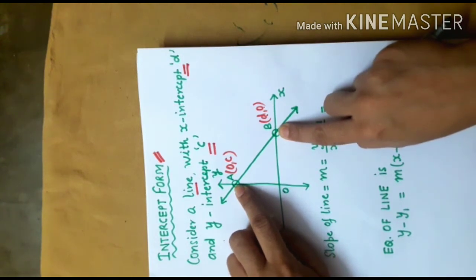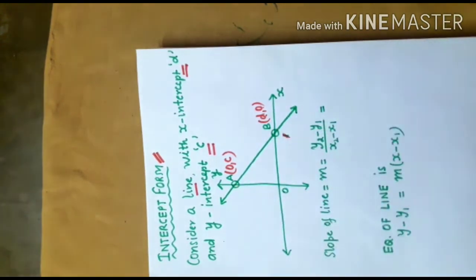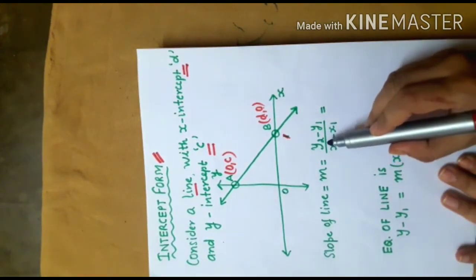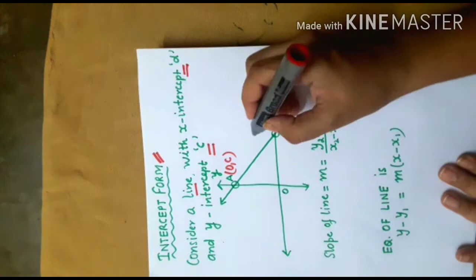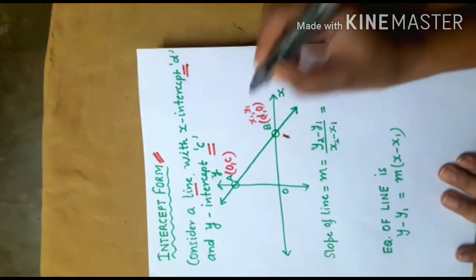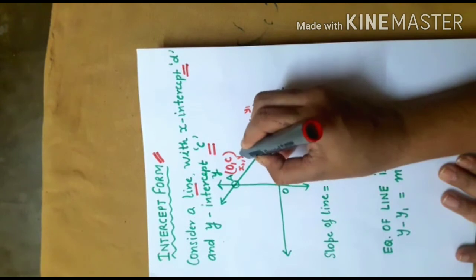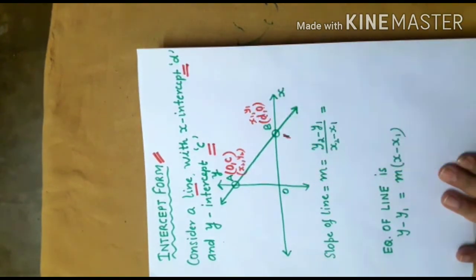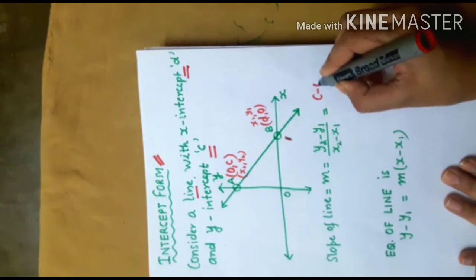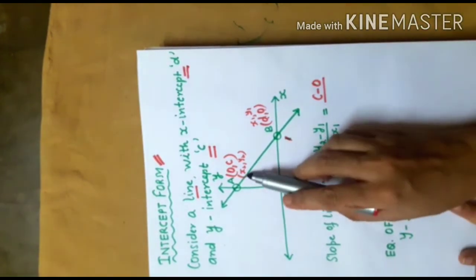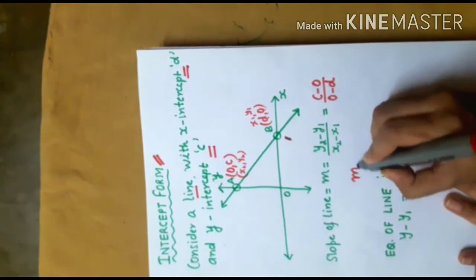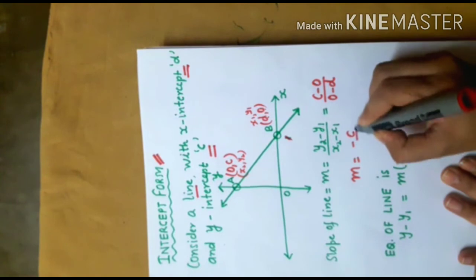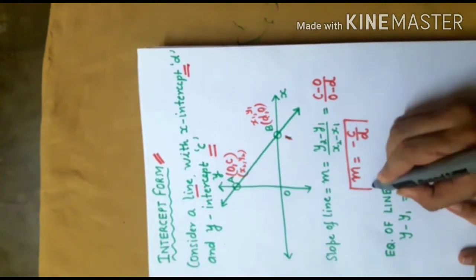Thus we have obtained two points through which the line is passing. When two points on the line are given, can you find the slope of the line? Yes. The slope of the line is given by y2 minus y1 over x2 minus x1. Let this be x1, y1 and let this be x2, y2. So y2 minus y1, that is c minus 0, over x2 minus x1, that is 0 minus d. So from here the slope will be minus c over d.